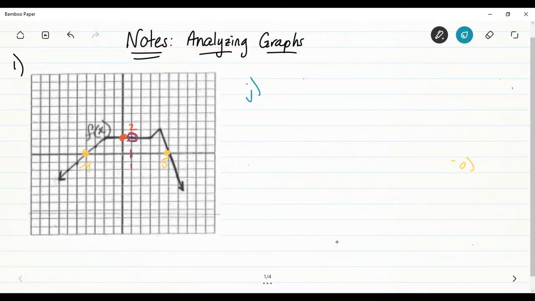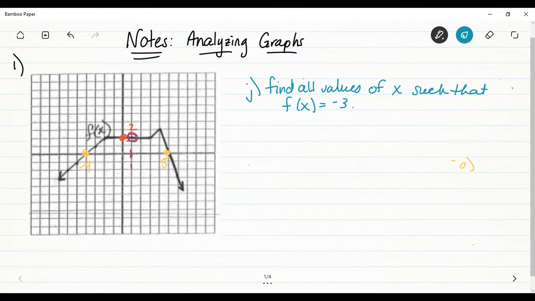J is asking us to find all values of x such that f of x is equal to -3.